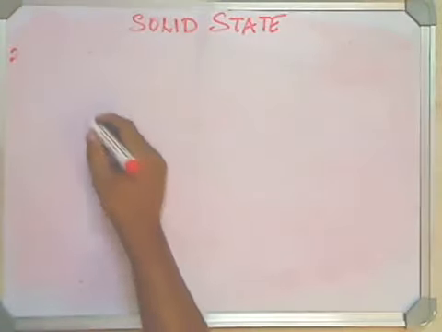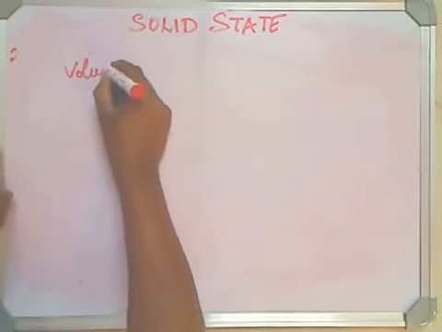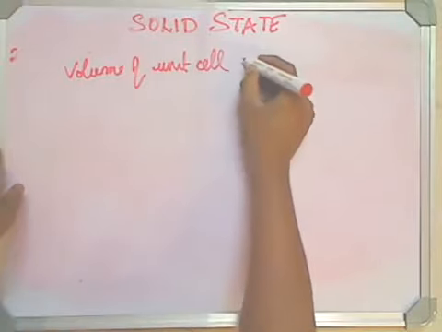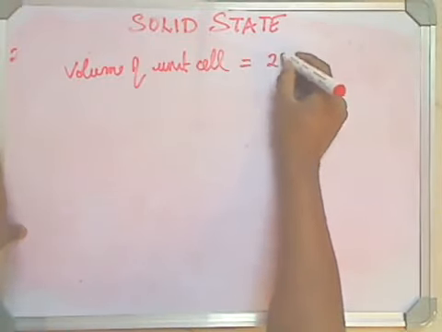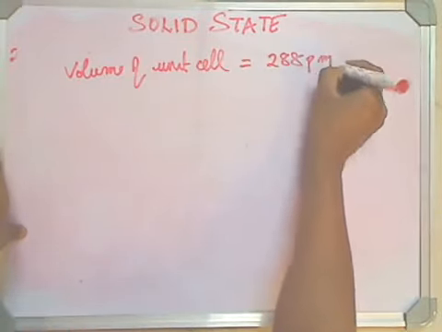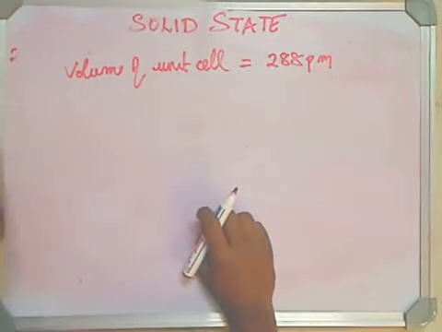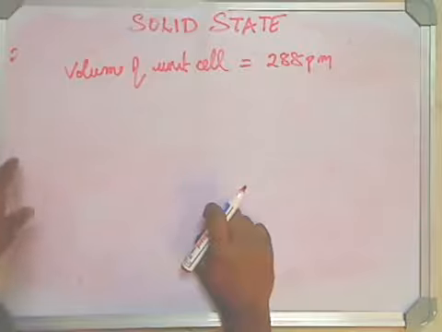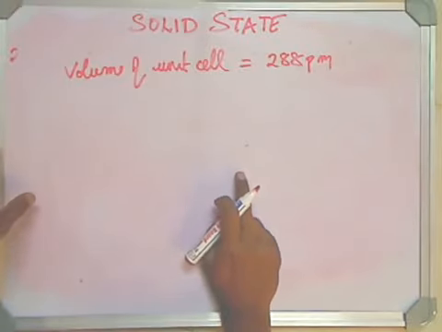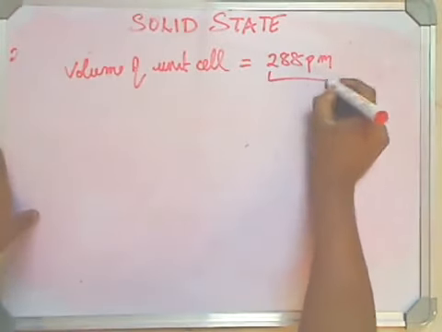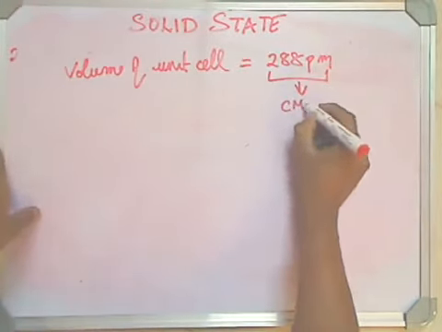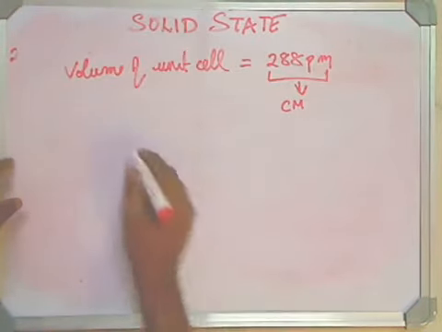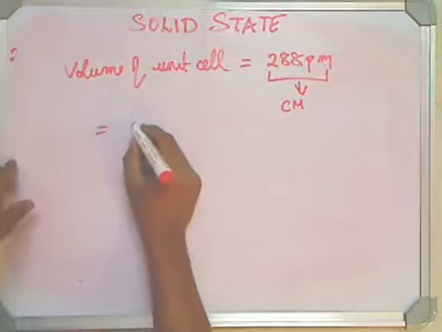The cell edge of the unit cell here has been given as 288 picometer. Now, this comes a bit of a problem because when it comes to calculations, it's better off if you can convert it to centimeter. When you convert this to centimeter, you first take the route to meter.